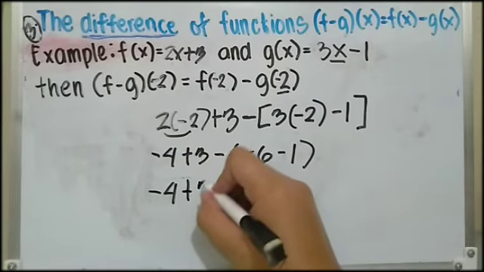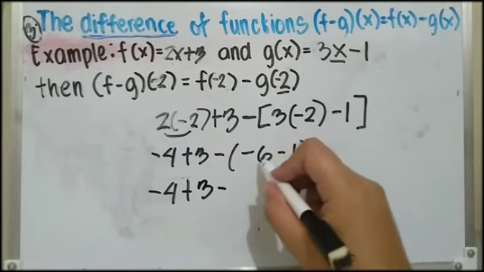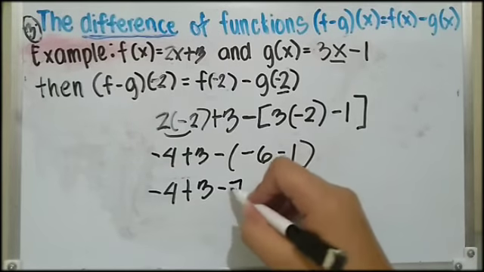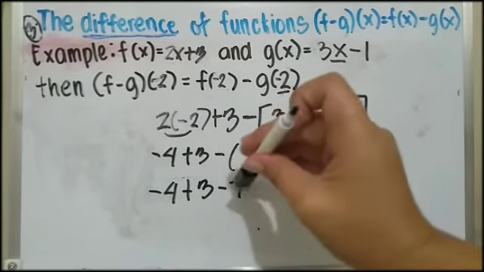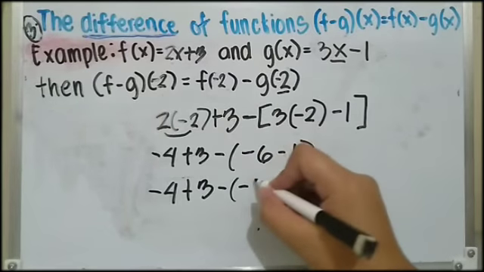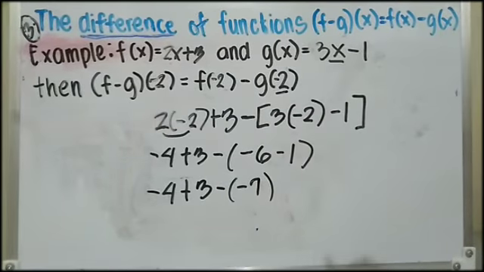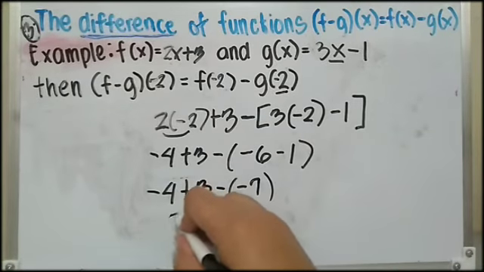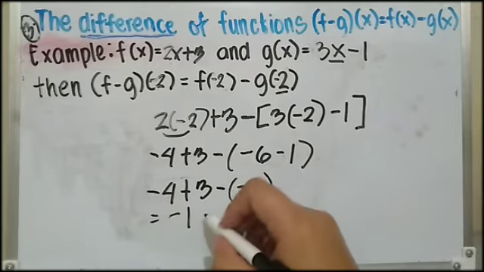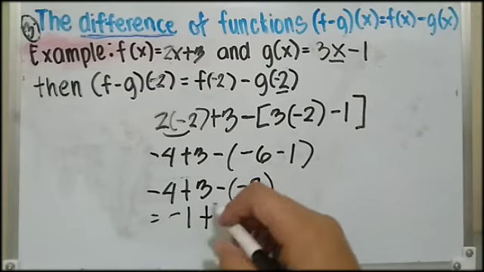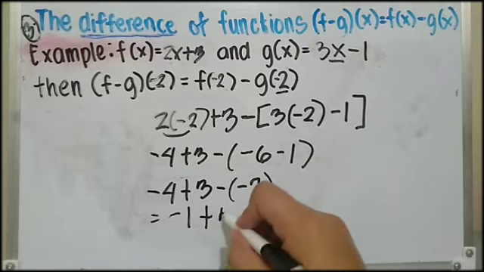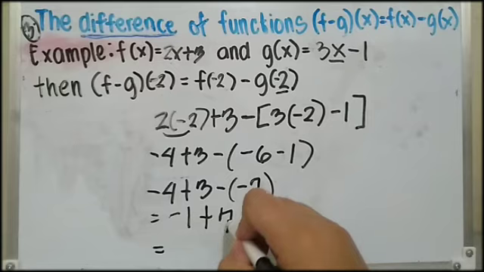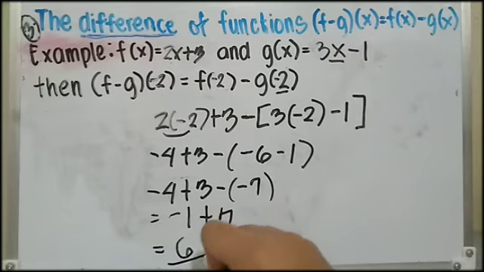So negative 4 plus 3 minus negative 6, minus 1, that would be negative 7. And then negative 4 plus 3 is negative 1, plus, negative times negative will become positive. So plus 7 equals negative 1 plus 6, plus 7 equals positive 6.